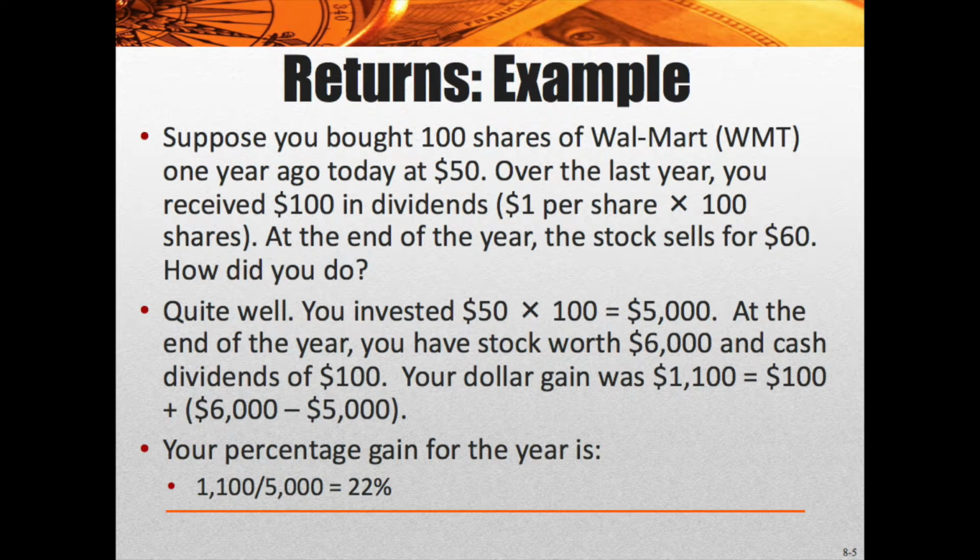So the cash dividends of 100 are also part of it. They're additionally included. So your dollar gain was $1,100. That's $100 for the dividend plus the $1,000 in capital gains. If you take the $1,100 and divide by the amount of the initial investment, $5,000, you get a 22% return. So you had a good year, 22% on Walmart stock.